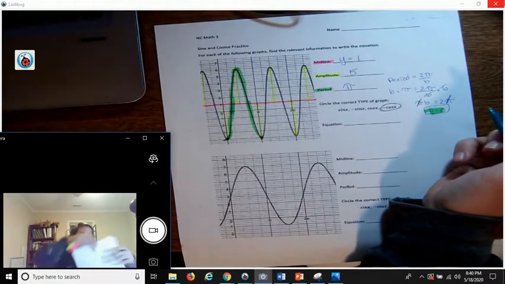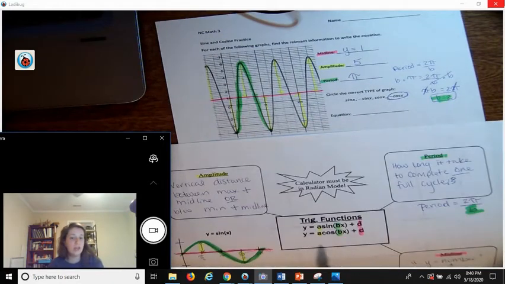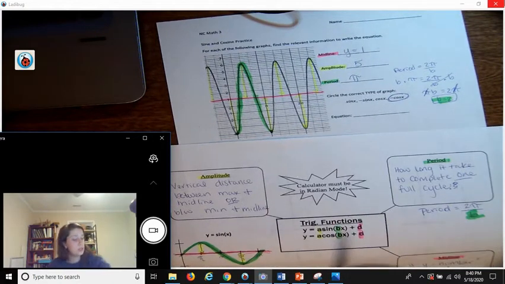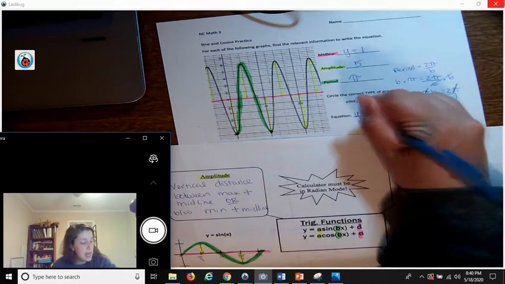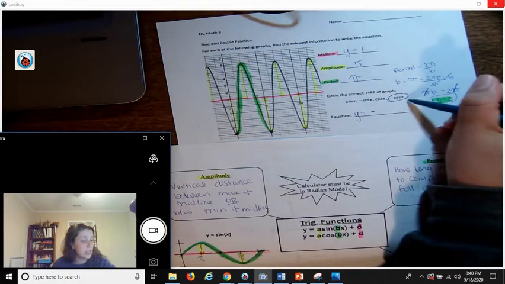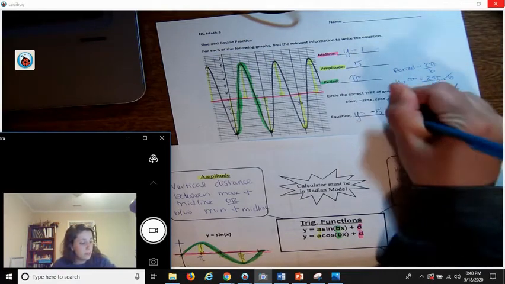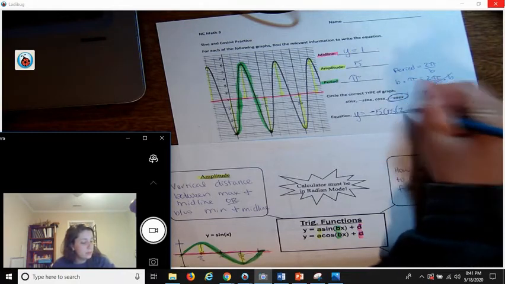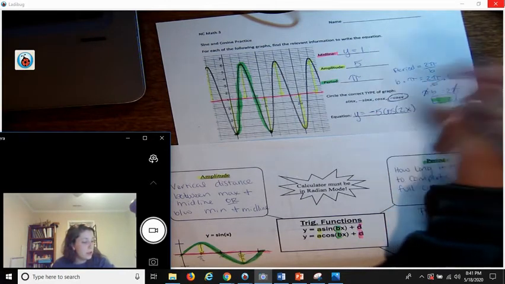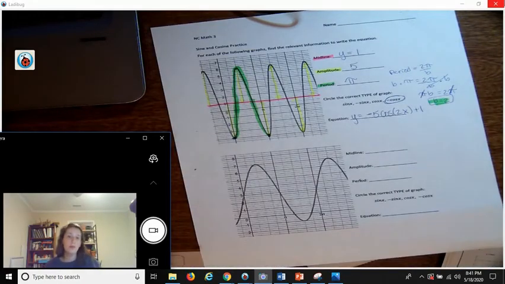And now if I go back and fill in my yellow, green, and pink parts, I know that I should have y equals negative, because I had negative cosine. 5 is going to be my yellow piece. And then my b was 2. And then my d, my pink value, was 1. Okay, so that should be my equation for that problem.